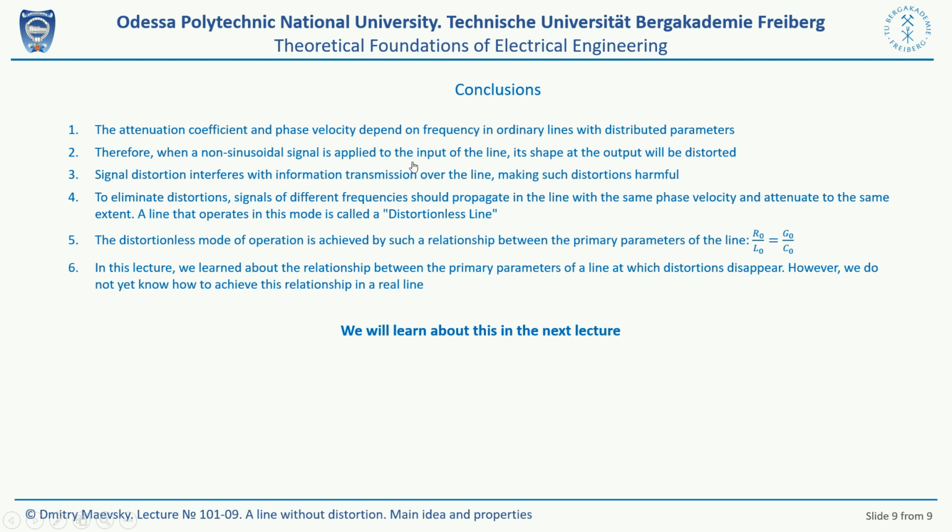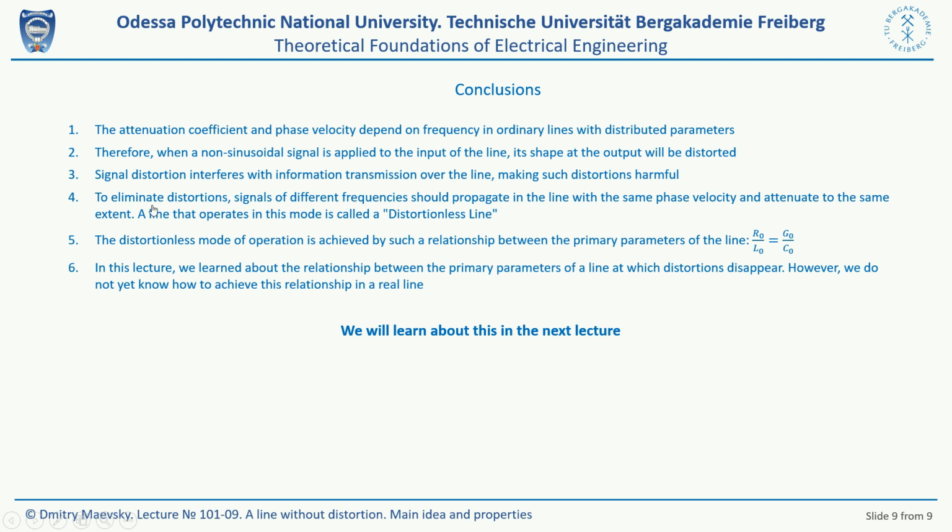Therefore, with a non-sinusoidal signal at the input of the line, its form at the output will be distorted. Distortion of the form of the output signal interferes with the transmission of information over the line. Therefore, such distortions are harmful.